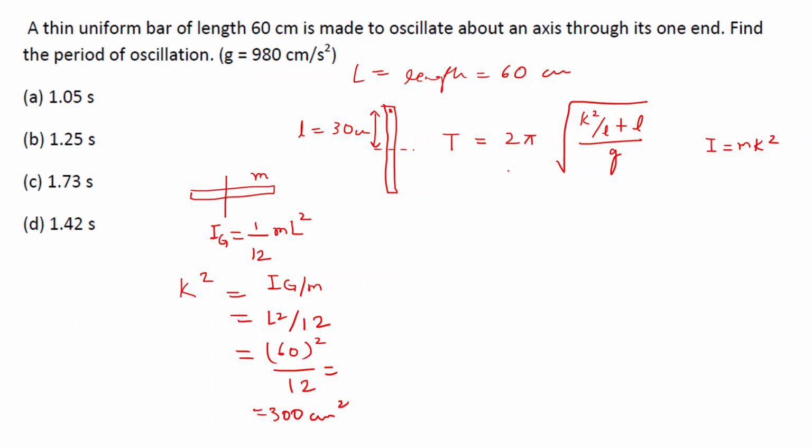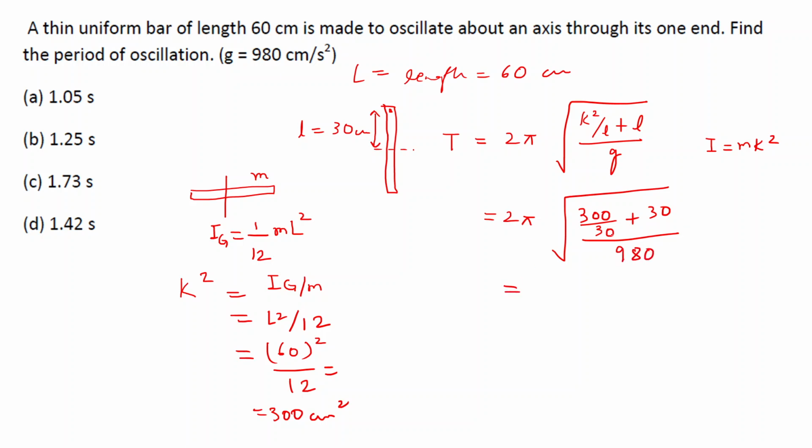Now using this value, 2 pi and k square, this is k square, I didn't take the root because we will use it here. This will be 300 and the small l is 30, plus 30, divided by g, which in SI unit is 9.8, here it will be 980 centimeter per second square.